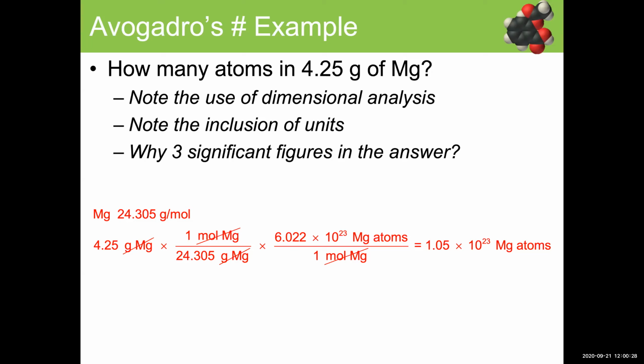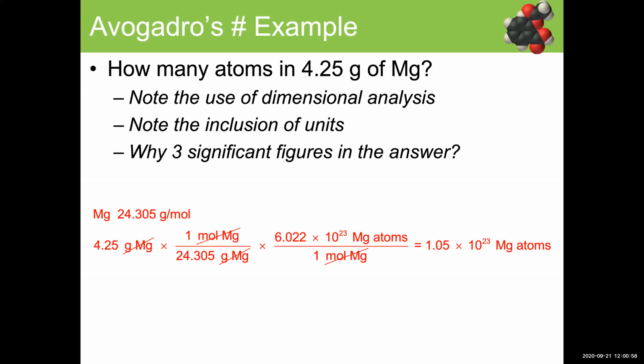By having moles in the denominator and atoms in the numerator, we cancel out the moles from that first conversion. So we've gone from grams to moles, then moles to atoms. That's how we make the transition from expressing something in grams to atoms. And if you do the math, you get 1.05 times 10 to the 23rd.